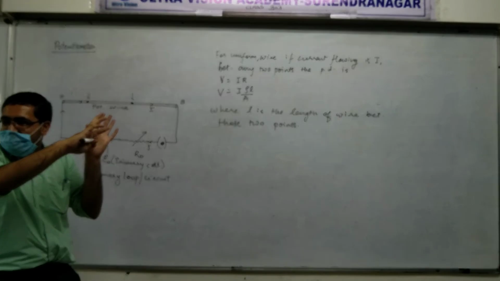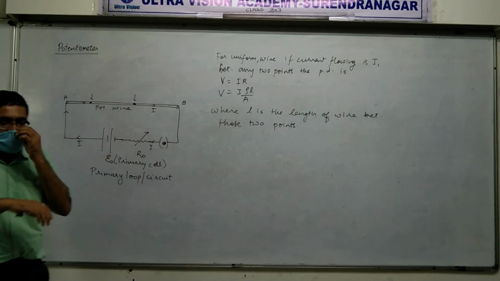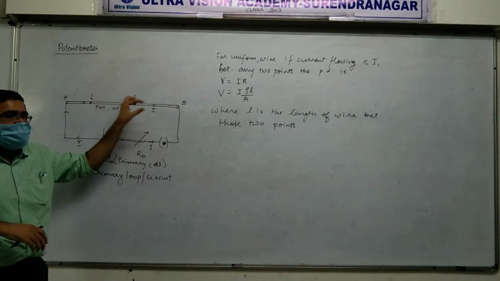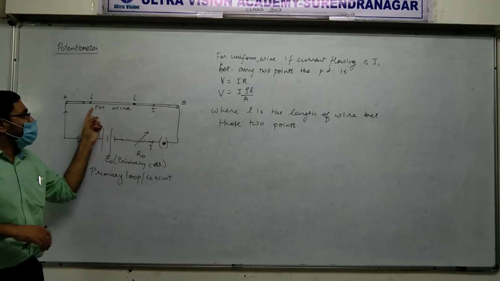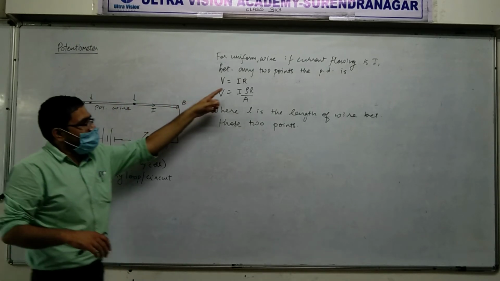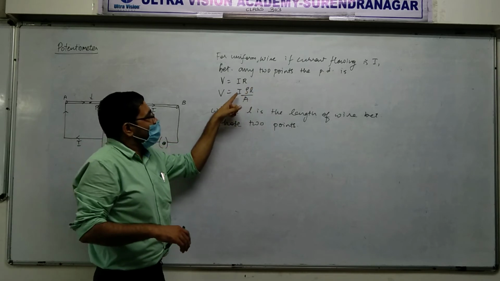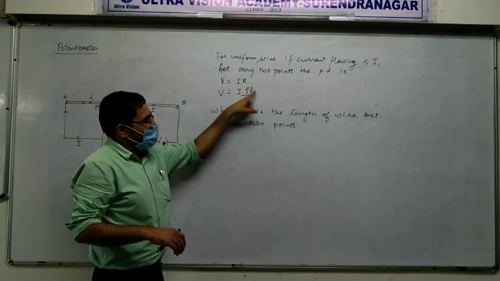You understand that? Or not clear? Because basically this whole wire has some resistance. The resistance is everywhere. So between this point and this point, if there is some resistance R, then you can write V equal to I into rho L by A.